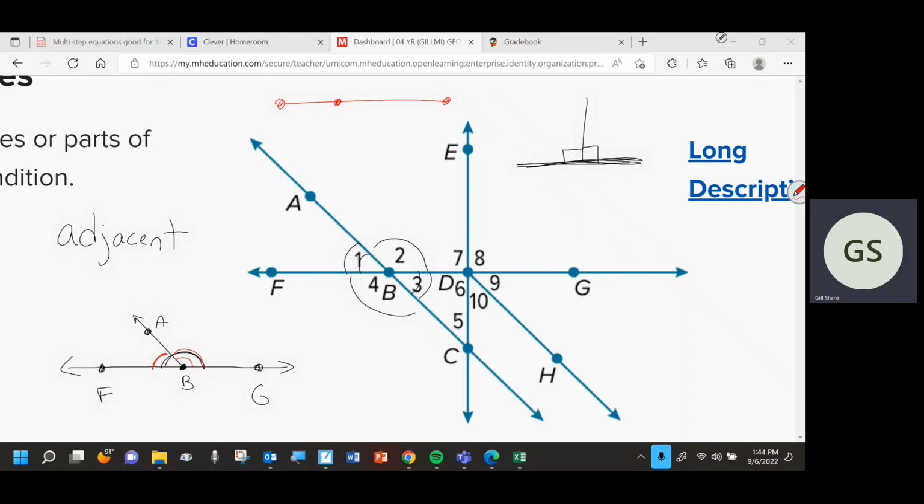So you could say angle FBA is collinear with angle ABG. They make up that bottom line. One side of this angle and one side of this angle make up the bottom line of that figure. They're opposite rays going in opposite directions that form a 180-degree angle.